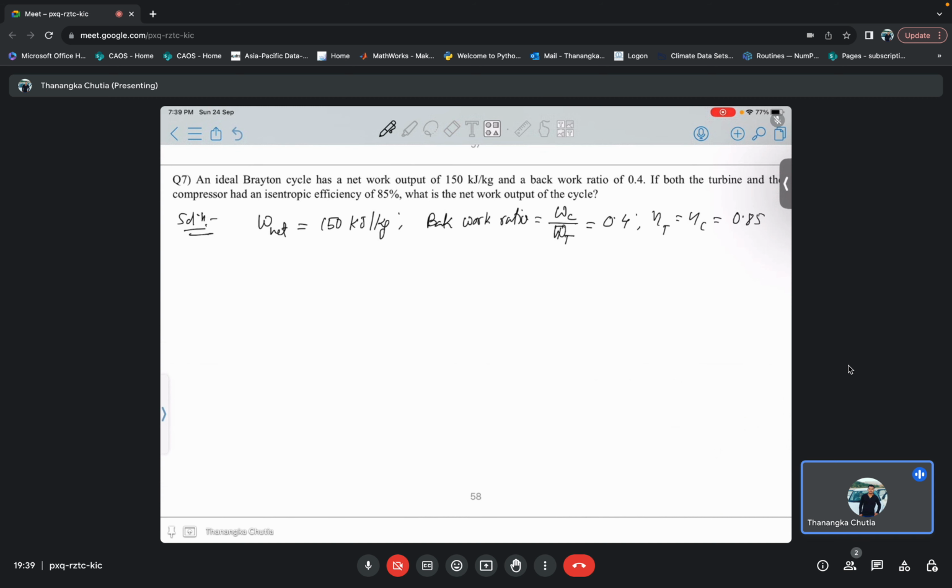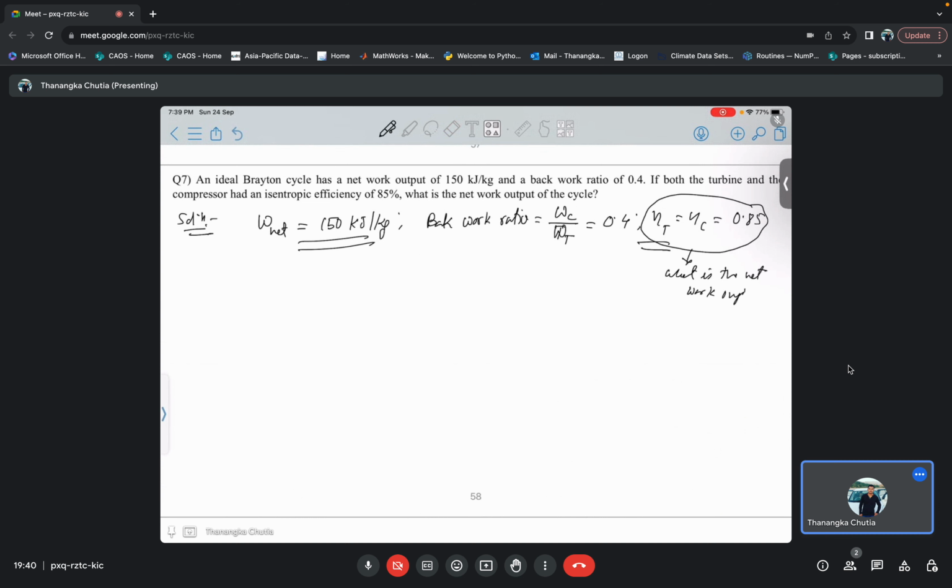So we have to calculate, under this condition, what is the net work output. This net work output of 150 is already given to us for the case when the efficiency is not considered. Under this condition we have to calculate the net work output.